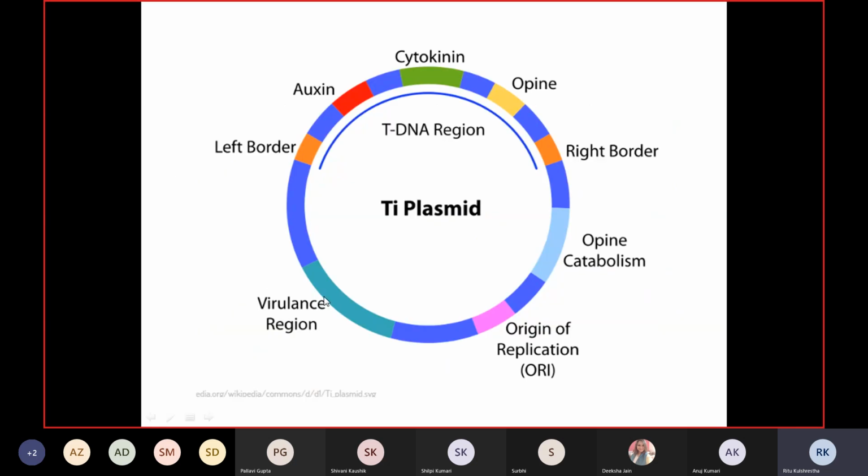But I can tell you in a nutshell that these genes are important for transfer of this tDNA region to the plant cell. If the virulence region or the products from the virulence region are not there, then the tDNA region cannot be transferred to plant cells.